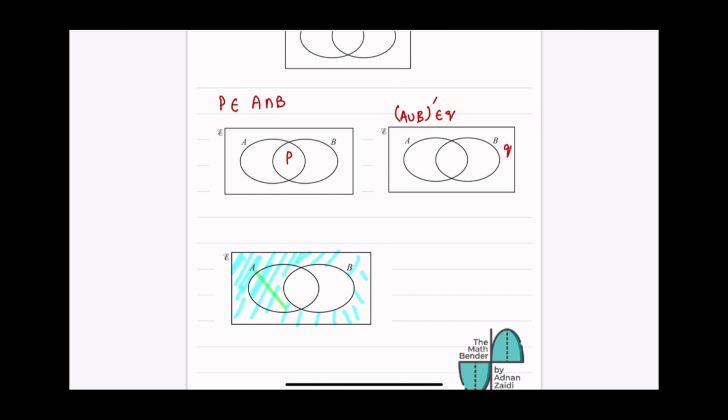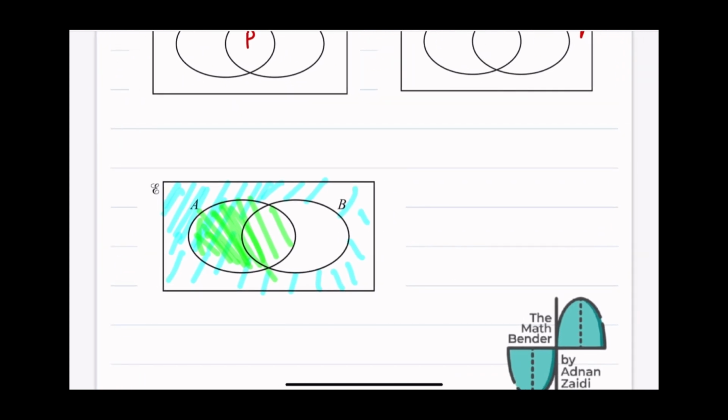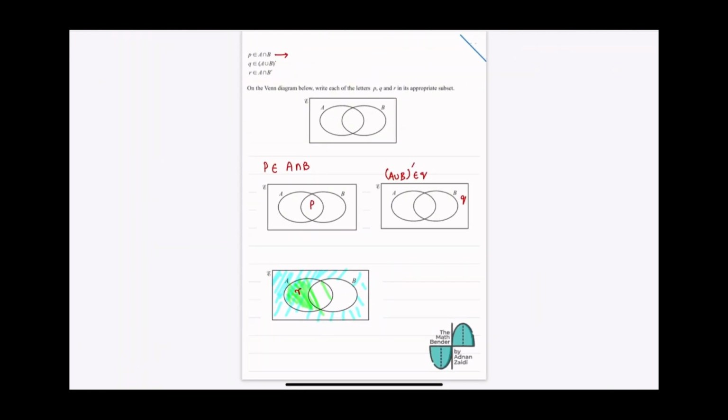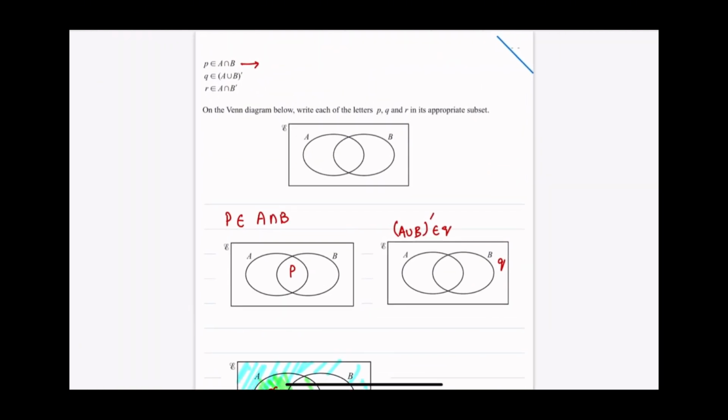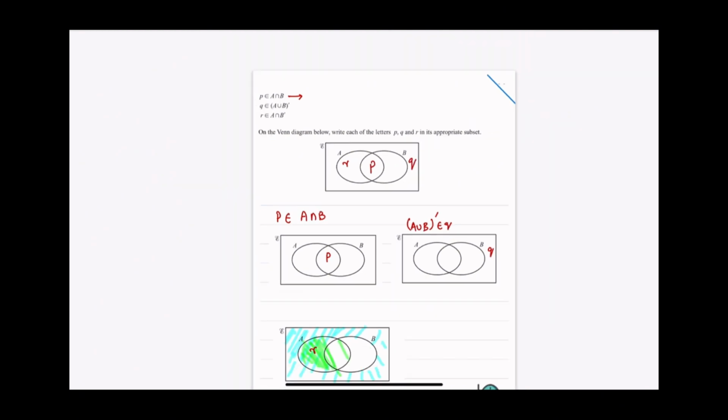All of the region is A. Now, which element is common? So can you see that the overlapping is in this region, which is R only, not here. This was not overlapping. So now, if I have to write that down, this is R, this is P, and this somewhere here is Q.